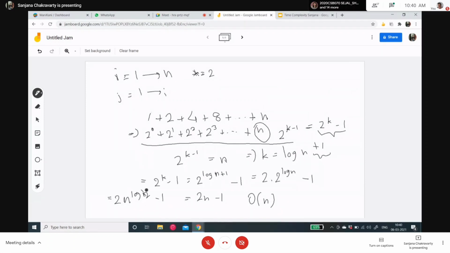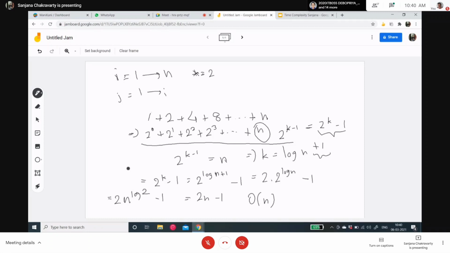Oh, sorry, just correct that. And when we are talking about log in computer science, it is log to the base 2. I am not going to keep mentioning that. So whenever I'm talking about log, just assume it's to the base 2, unless I mention otherwise.